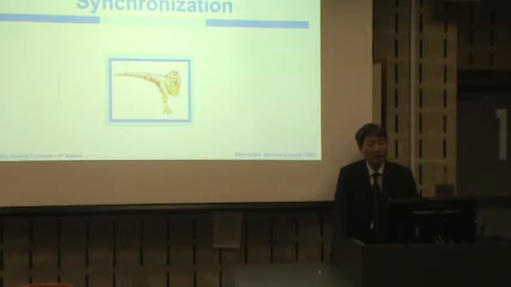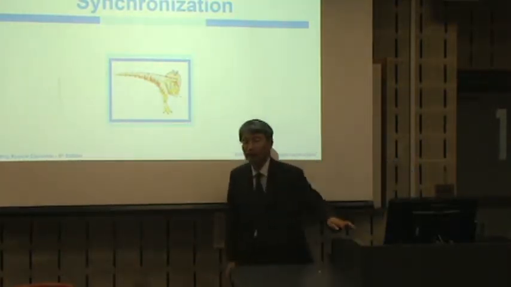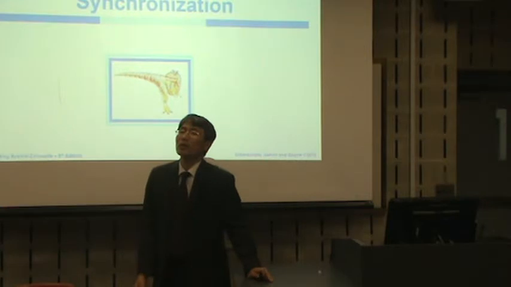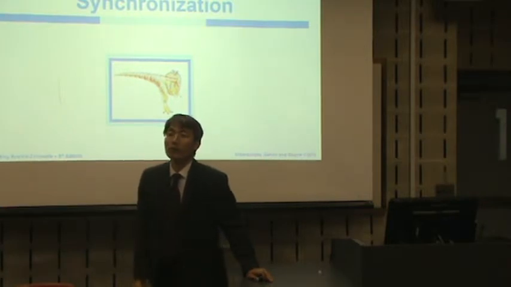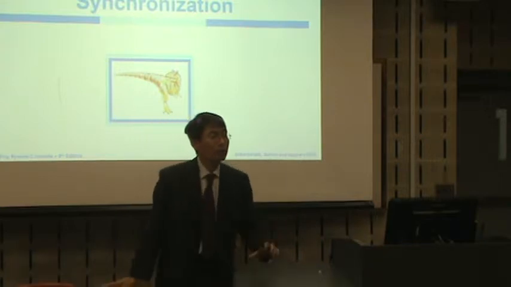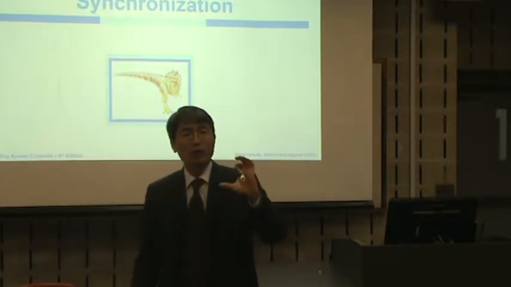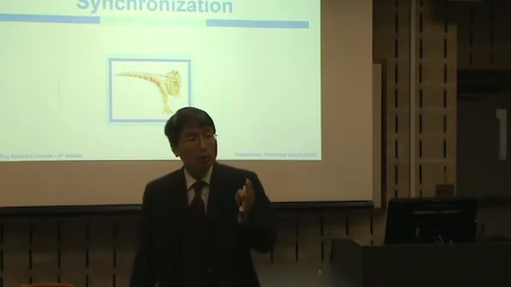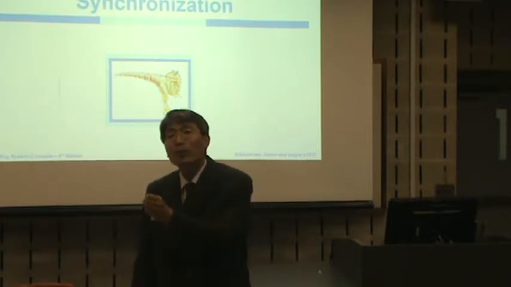The next topic is process synchronization. I think I probably mentioned several times, if we have unlimited computer resources, we don't have to worry too much about the operating system, because one of the main definitions of the operating system is to coordinate computer resources.